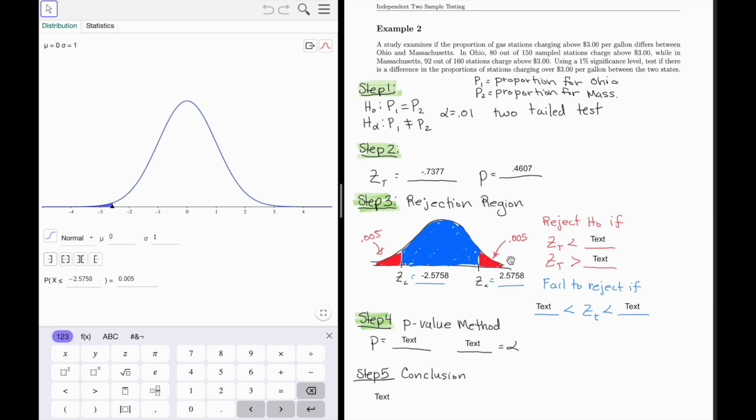So if we look at the left tail, if I fall in this rejection region, it's because I'm less than negative 2.5758. If I fall in the rejection region in the right tail, it's because I'm bigger than 2.5758.